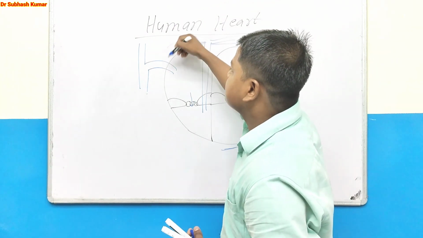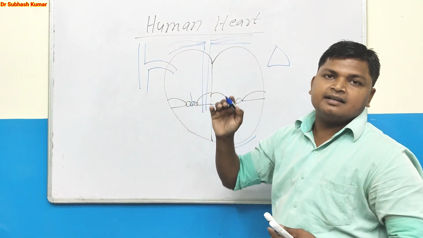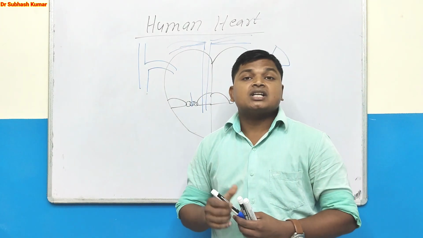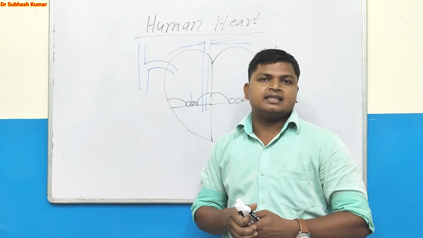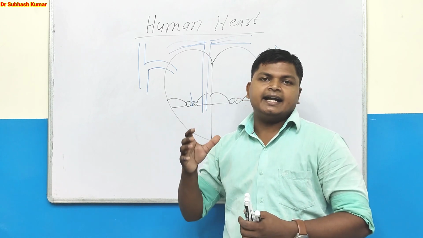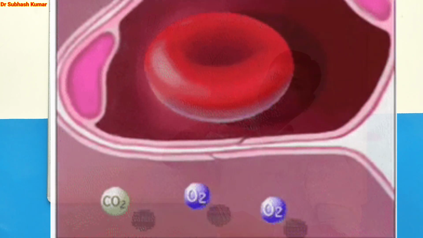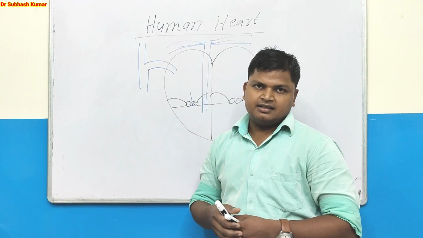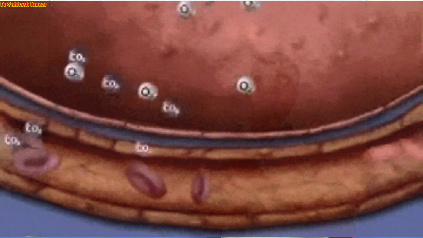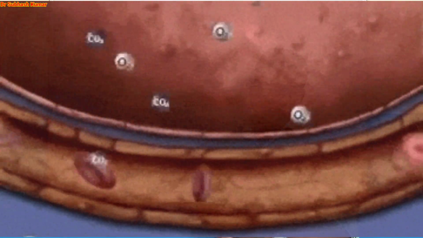lungs. The blood goes into the lungs, and the lungs have a structural and functional unit known as the alveoli. Alveoli take part in gaseous exchange: CO2 is removed from the blood and O2 is received from the lungs. So gaseous exchange takes place in the alveoli.